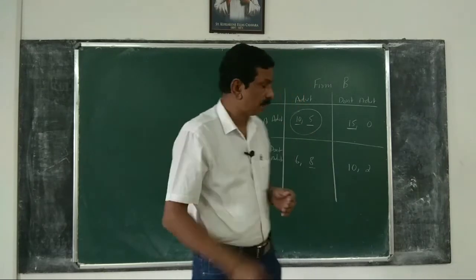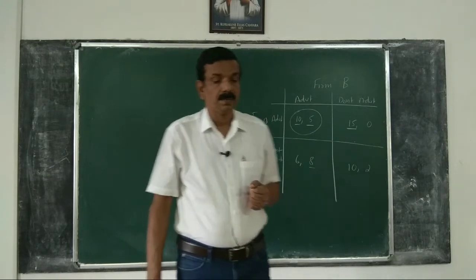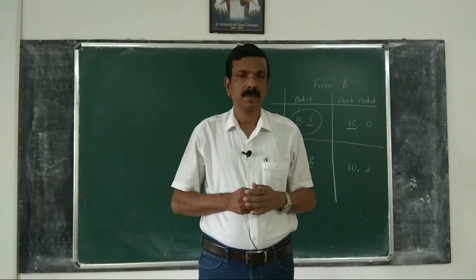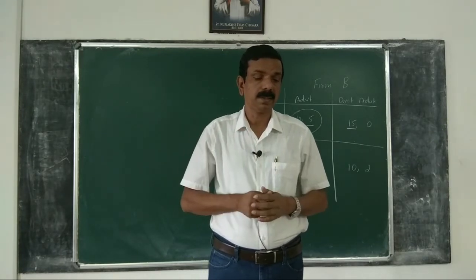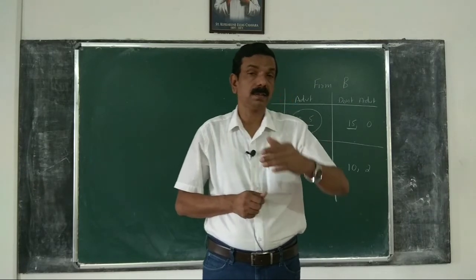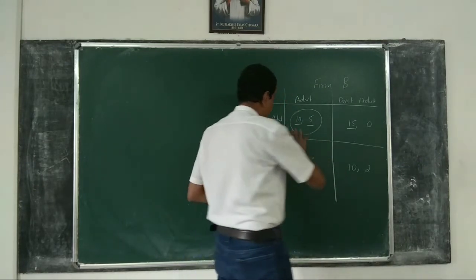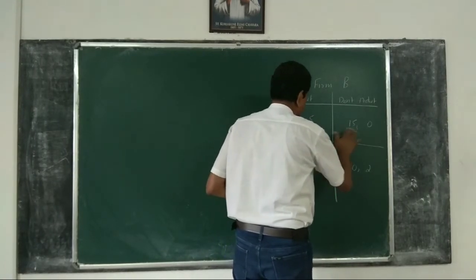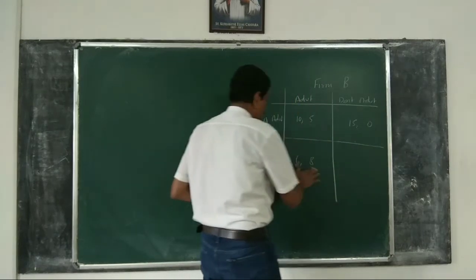But unfortunately, every game will not have dominant strategies. Every player will not have dominant strategies in every game. To see this, we modify the payoffs given by this game.